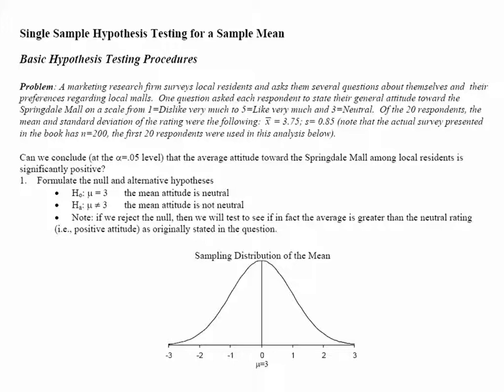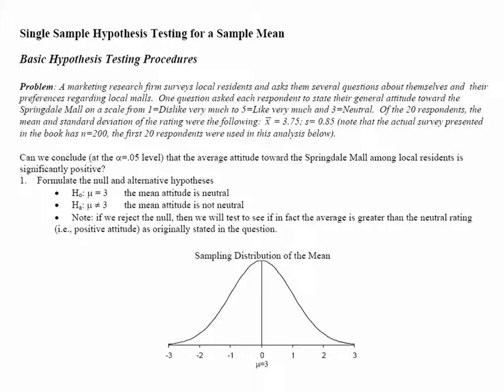We're interested if it's significantly positive, or significantly more than 3. But we're actually going to run it in Excel, assuming that we don't really want to know if it's significantly positive. We just want to know, is it something different than 3?